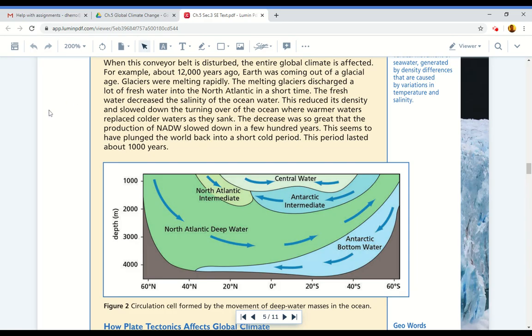This reduced its density and slowed down the turning over of the ocean, where the warmer waters replaced colder waters as they sank. The decrease was so great that the production of NADW slowed down in a few hundred years. This seems to have plunged the world back into a short, cold period. This period lasted about 1,000 years.